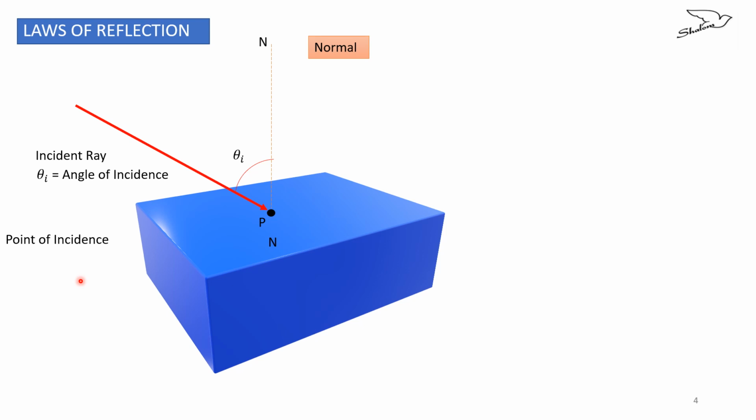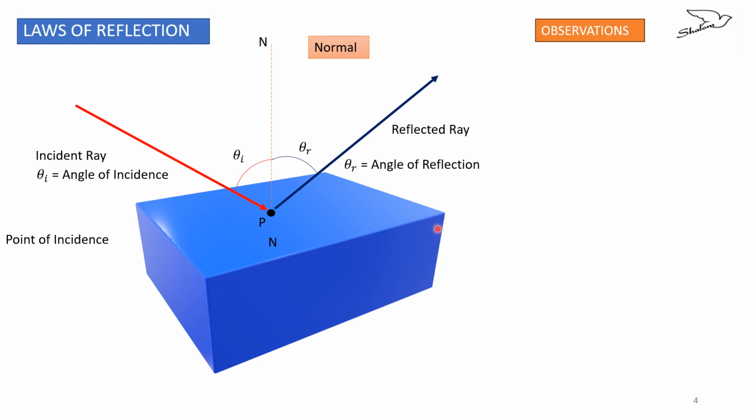After hitting the polished surface at point P, the incident ray will move in another direction, and we call it the reflected ray. This reflected ray makes some angle with the normal, denoted by theta r, and it is called the angle of reflection. Based on this experiment, the following observations are made.